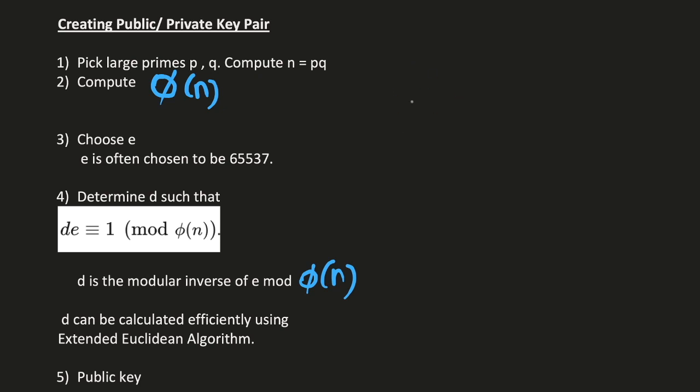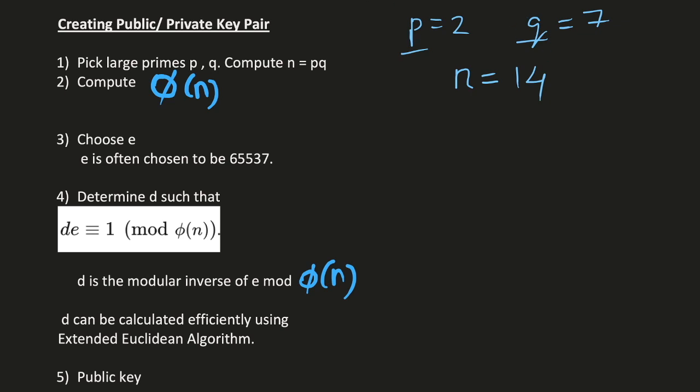Just to demonstrate it, let me pick small primes, even though in practice we prefer large primes. Let me pick P as 2 and Q as 7, and n in this case would be 14. It's okay to let people know about n, but P and Q is something we keep to ourselves as a secret.